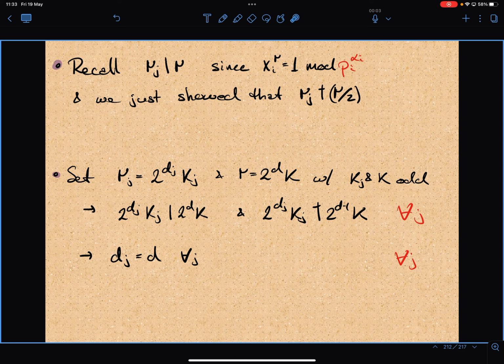And that's why it cannot divide it anymore once you remove a power of 2. So we obtain the conclusion that for all the powers of xi mod pi to the alpha i, they have the same power 2 to the d, 2 to the d times kj. So they all contain the same power of 2 factor.